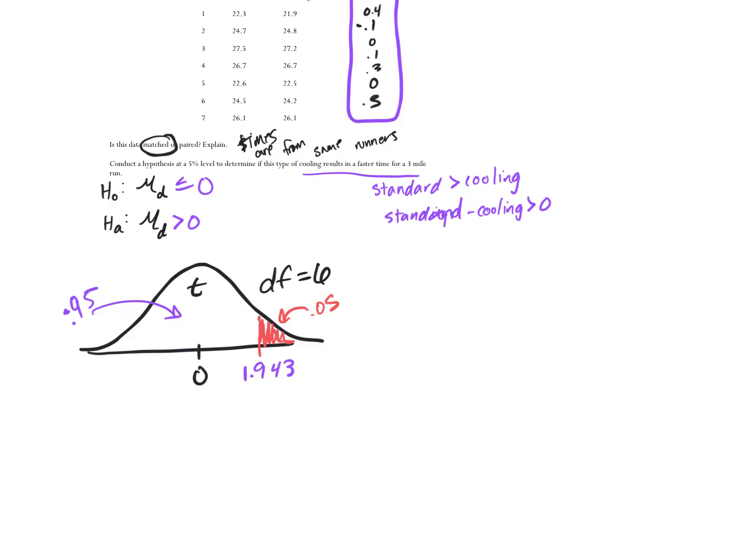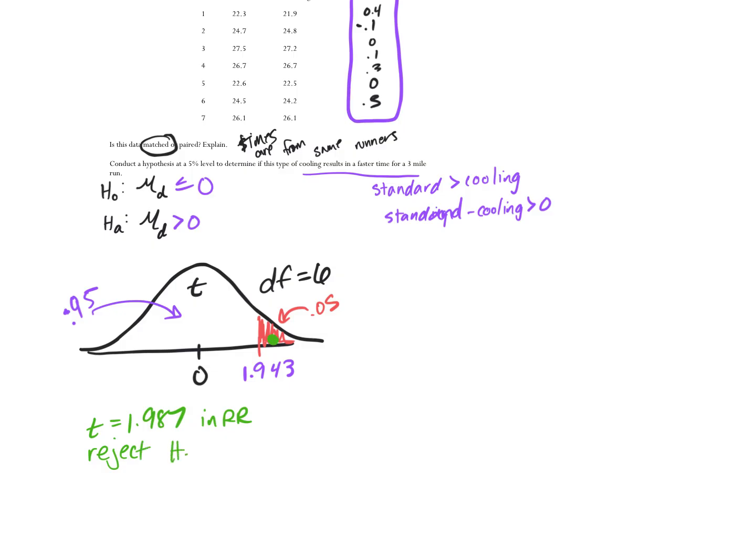All right. I'm finding my t statistic to be 1.987, which is right about here. How would you describe this green dot of 1.987? I would call that in the rejection region, which is going to make me reject H0.